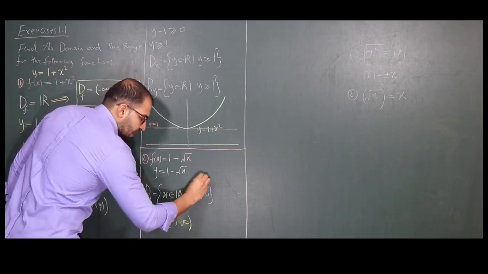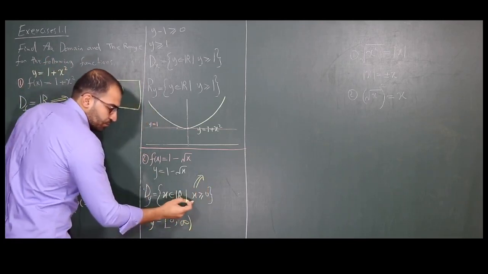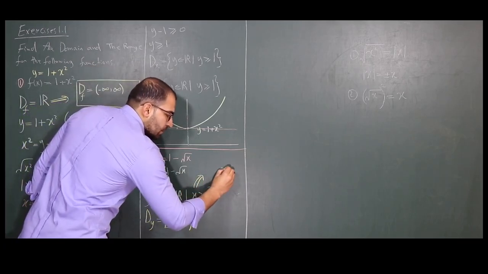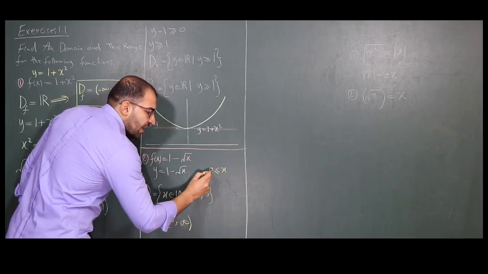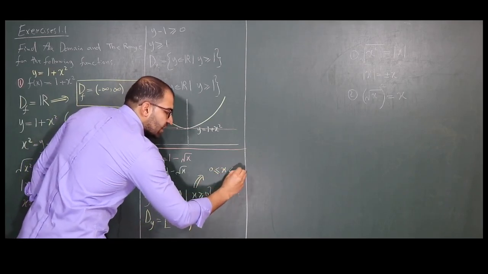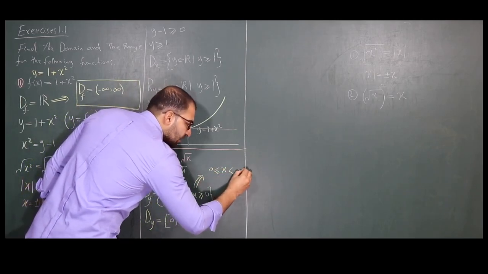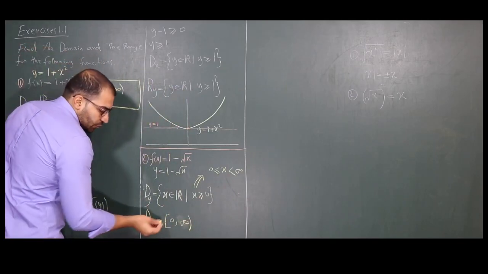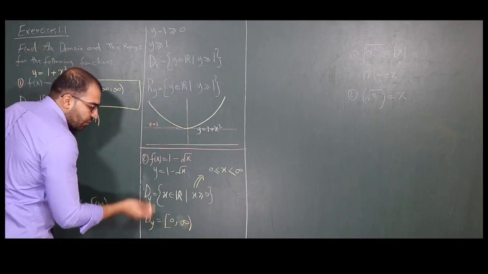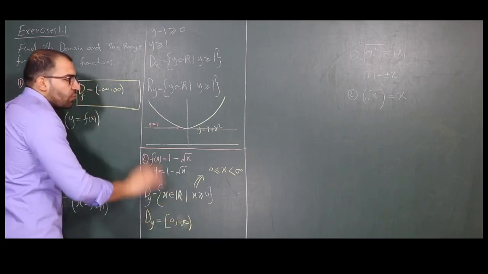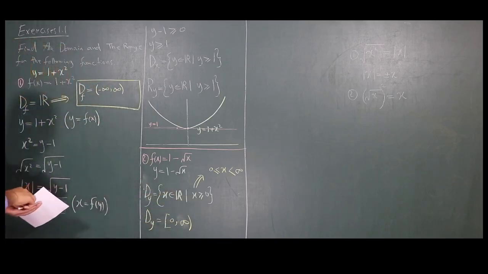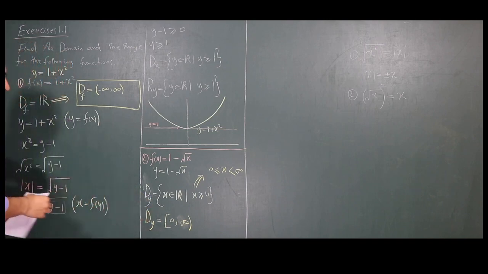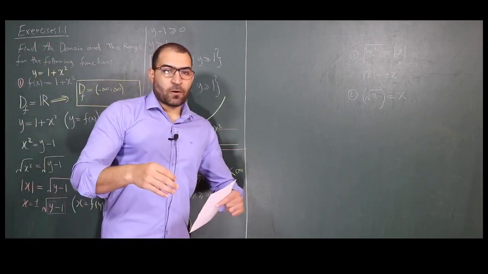Because I understand from this construction that x is greater than or equal to 0, and intuitively it's less than infinity. They are both right. So you can choose in your exam sheet any of these expressions.